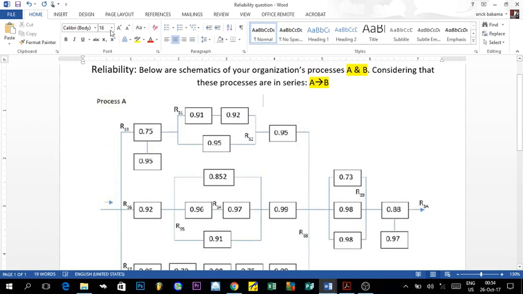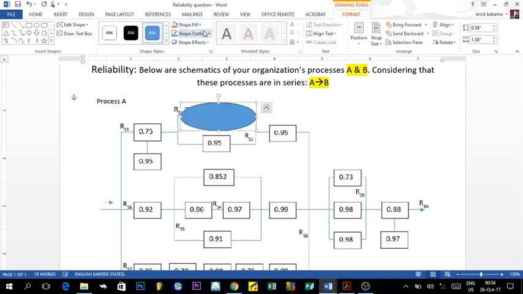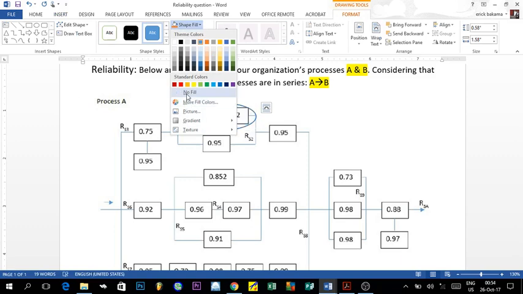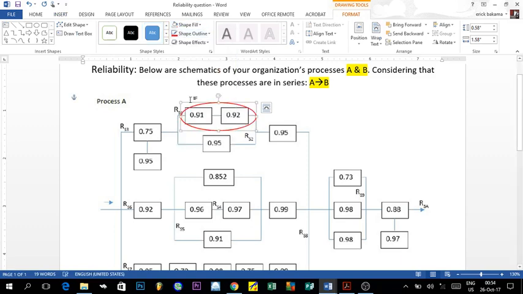First thing first, we need to identify our system. We have RS1, and according to what we have right now, RS1 is a system that has two components, and these are our two components. Let me highlight it in red like this. So RS1 has two components, 0.91 and 0.92. These two components are in series because they are following one another.